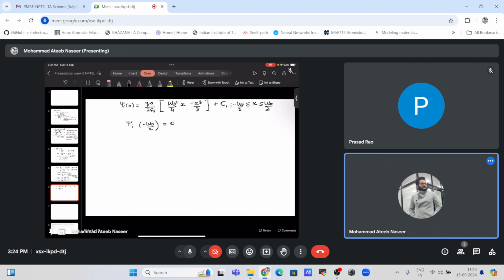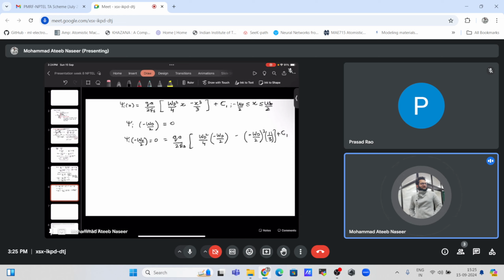We put this in the expression above: psi of minus Wd by 2 is equal to 0, which is equal to qa by 2 epsilon s times Wd square by 4 times minus Wd by 2, minus minus Wd by 2 cube by 3, plus c1.